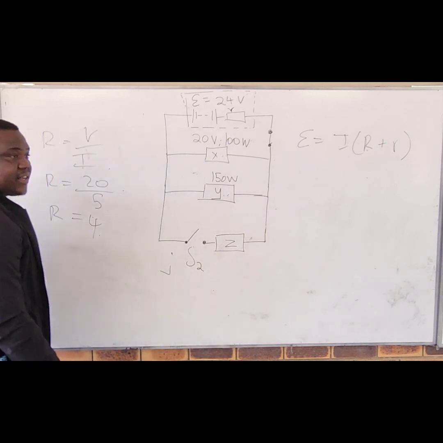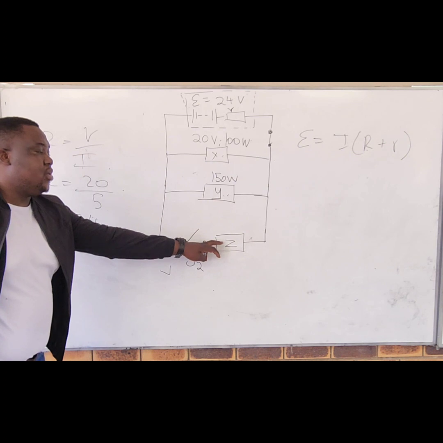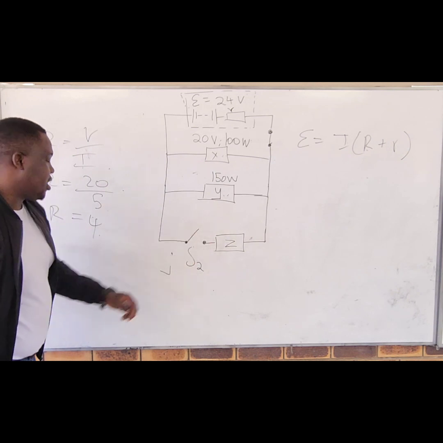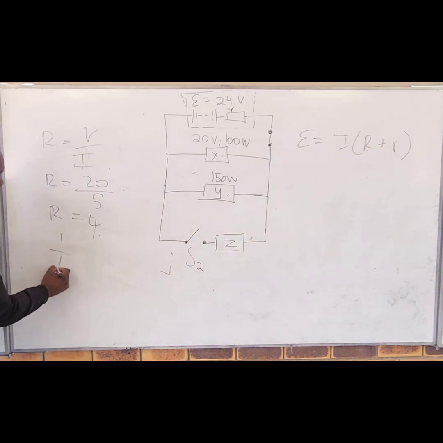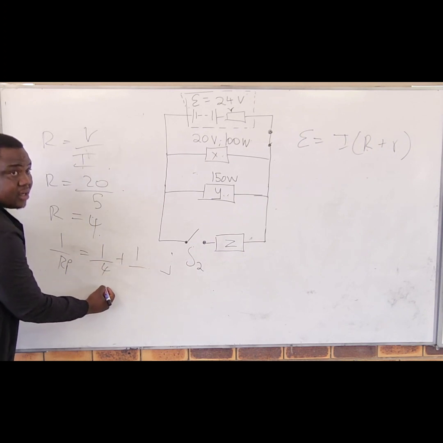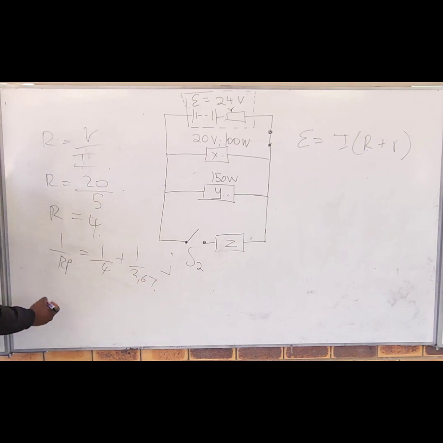Meaning that we can even calculate the total resistance in this circuit, right? Yeah. Remember, I will always repeat that we are excluding this because it is open here, there is no current flowing. So we're going to have 1 over RP, which will become 1 over 4 plus 1 over 2,67, right? Yes. 1 over RP.